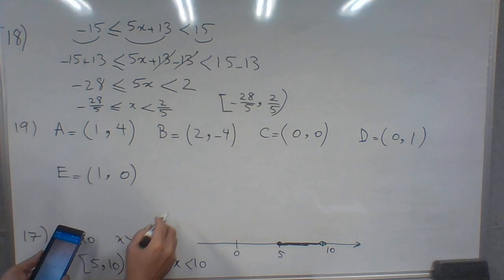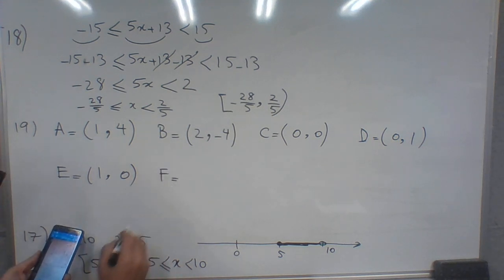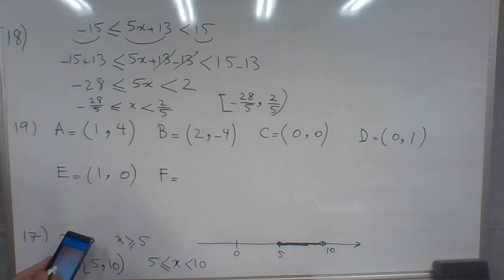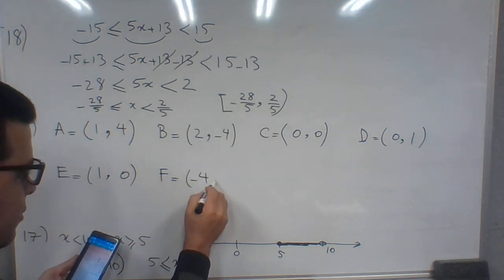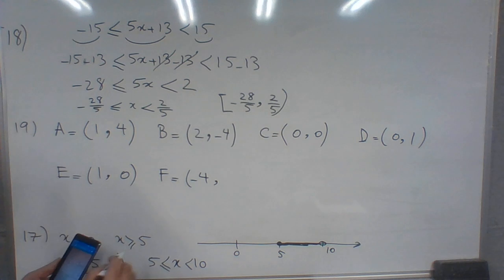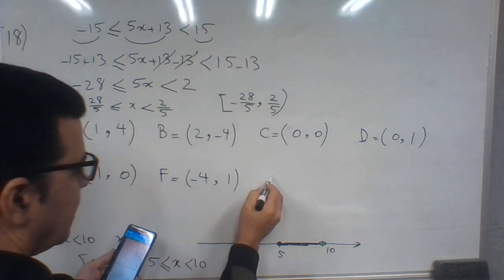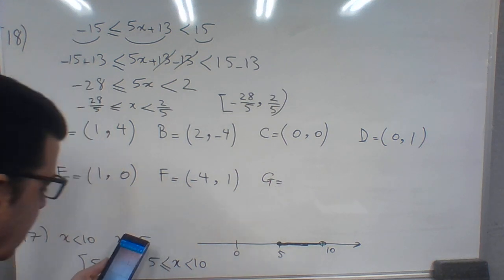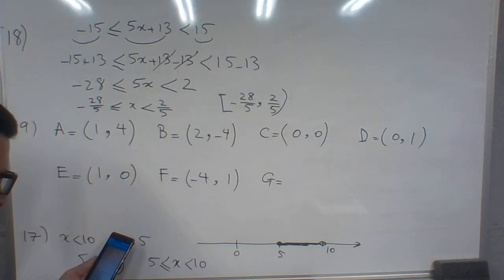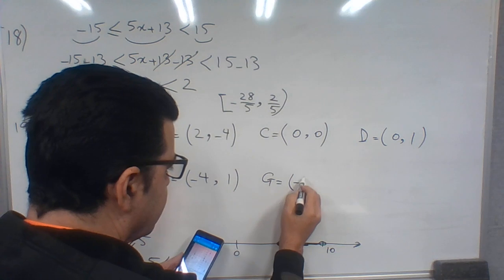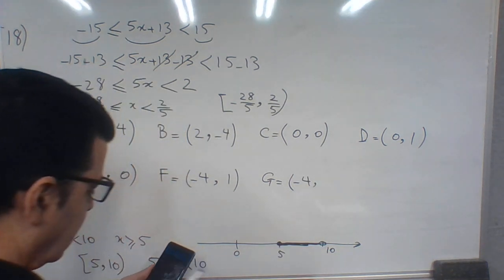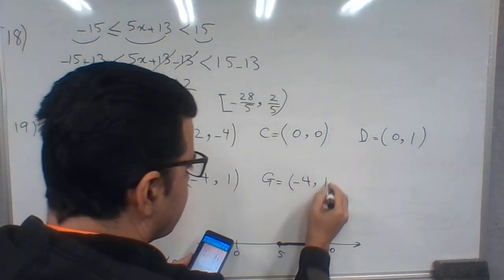And then F. It is negative 4 units in x direction and 1 unit in y direction. And then G, the last one, it is negative 4 units in x direction and 1 unit in y direction.